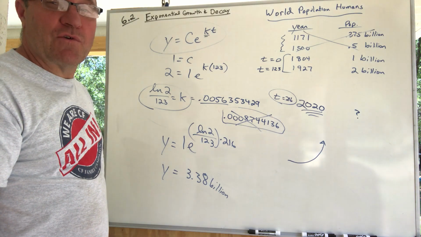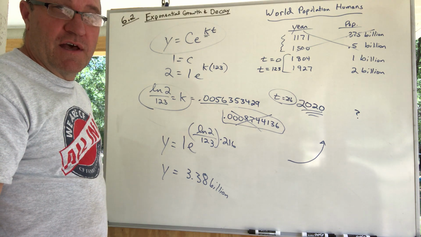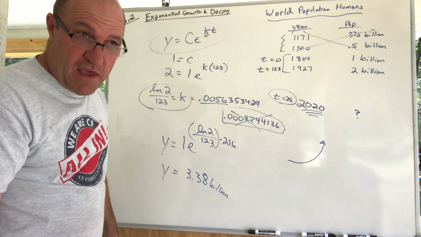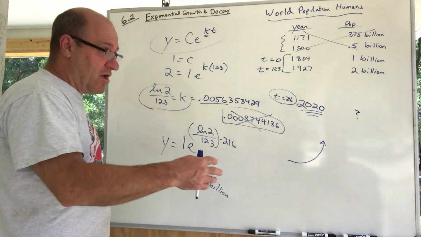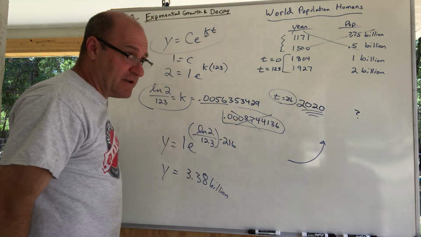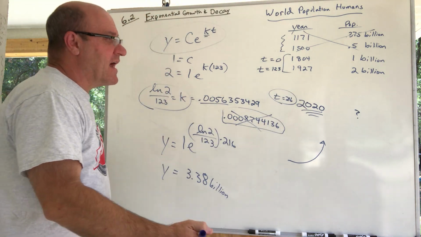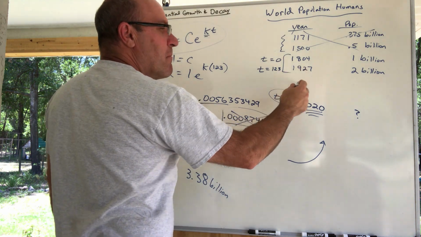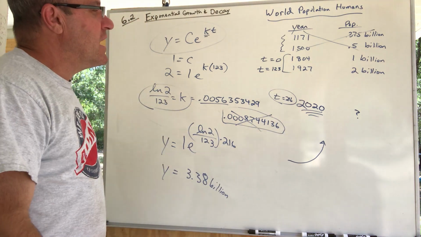I mean, the k is growing. Because of what? Well, we got better health care, we have better infant mortality. A lot of infants would die back in the 1800s, early 1900s. Yeah, I should use some more modern data to predict the future.